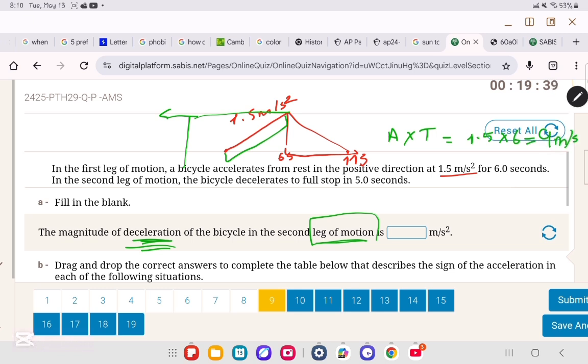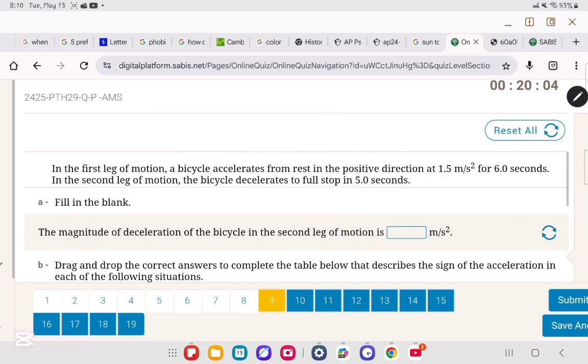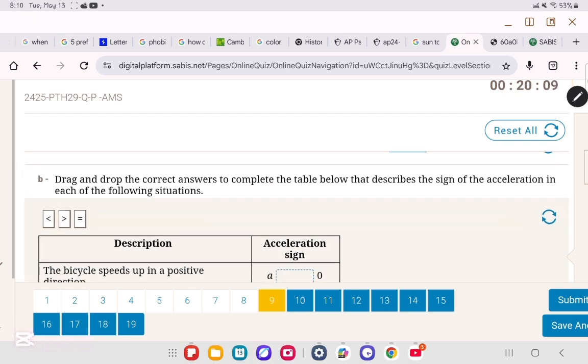Now, what's interesting is that you're going down by 9 meters per second. So it's going to be minus 9 meters per second, because you're going to reach a full stop over the time, which is 5 seconds. But don't forget, they want magnitude. So you will put it in the absolute value, and you're going to get 1.8 meters per second squared. So as you can see, it's not the same rate of deceleration. However, it is 1.8 meters per second squared.